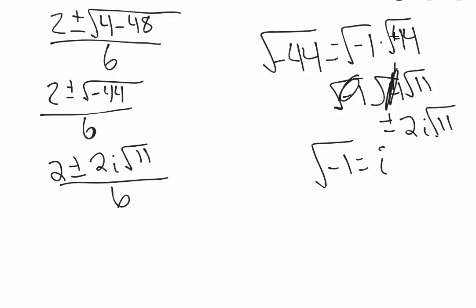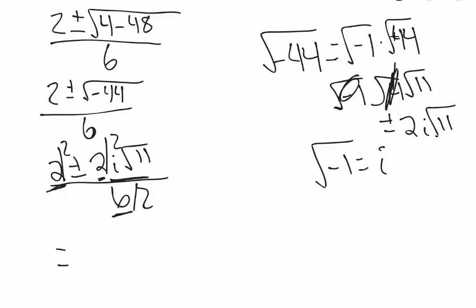The last thing to do here is to reduce our fraction. We do have 3 terms in our fraction. 1, 2, 3. All 3 terms have an even number in it because we have 2, 2, and 6. So what I'm going to do is reduce this fraction by a factor of 2. I'm essentially just going to divide everything by 2, just like that. Divide by 2, divide by 2, divide by 2.